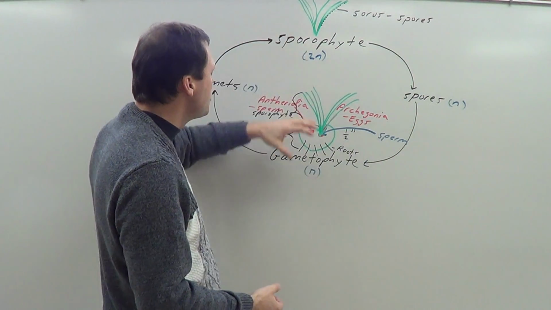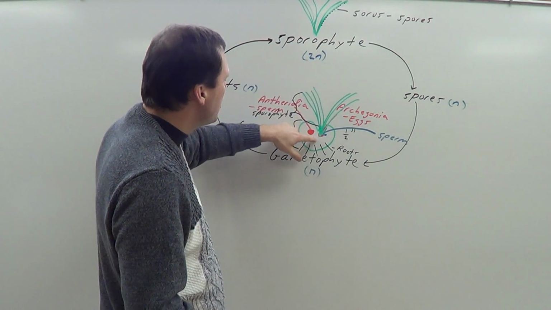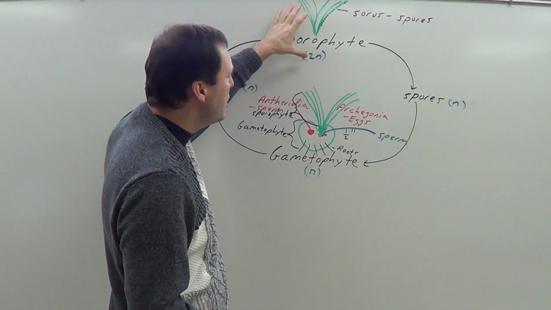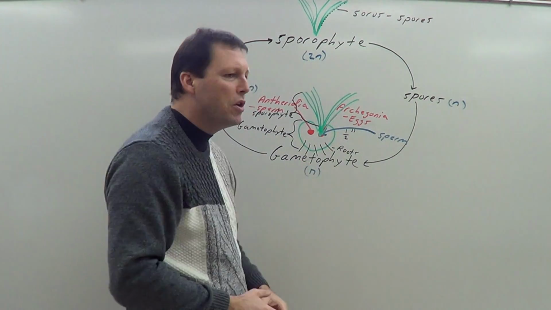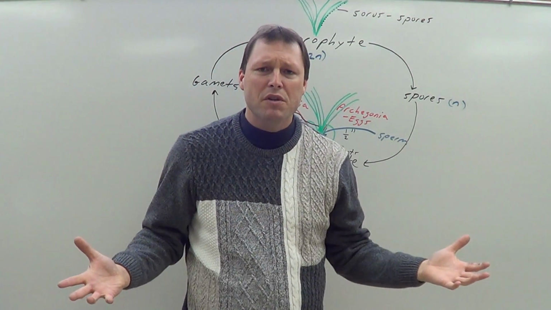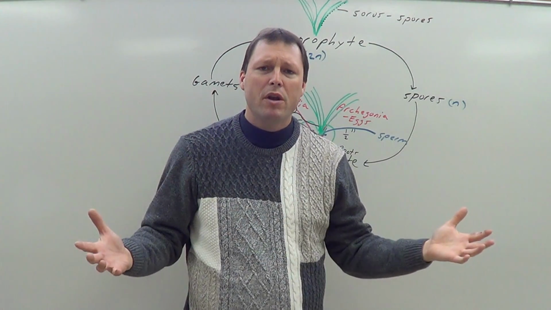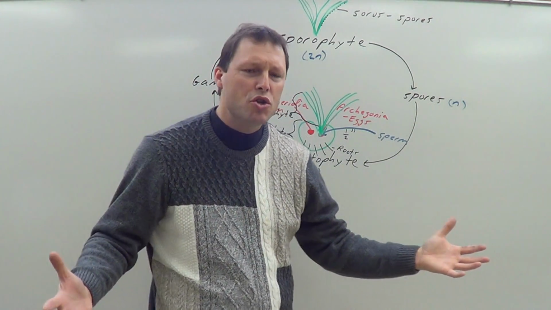With the fern life cycle, the two generations, the sporophyte, that frondy generation, and the gametophyte, the heart-shaped generation, are going to be independent of each other. They're literally going to be physically separated from each other.